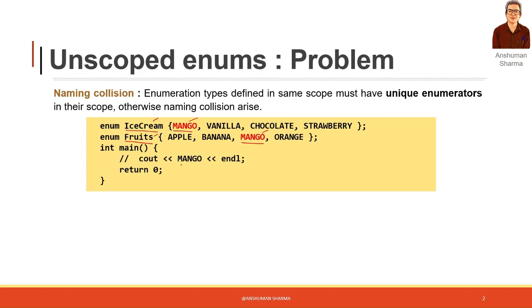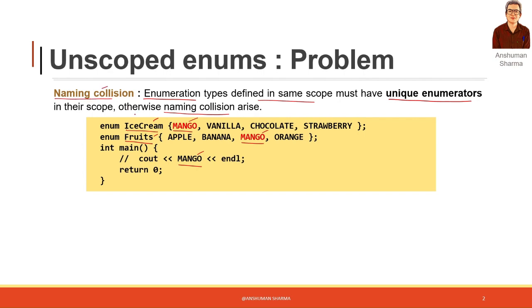Now, if we use these enumerators in our code, then naming collisions arise, and as a result the compiler generates a compile time error, because enumerators defined in the same scope must have unique names. In the versions before C++11, this problem usually arose.